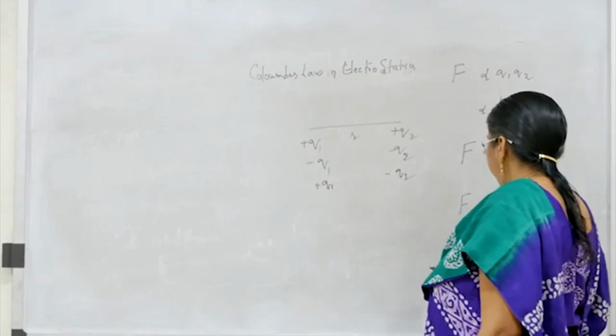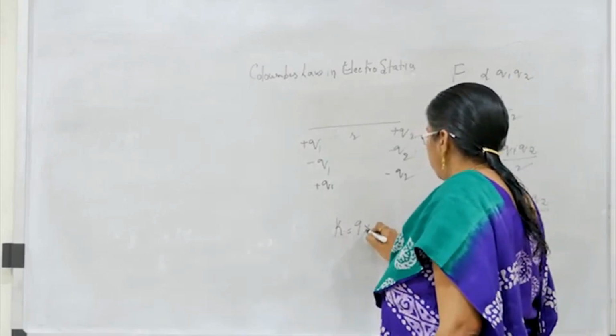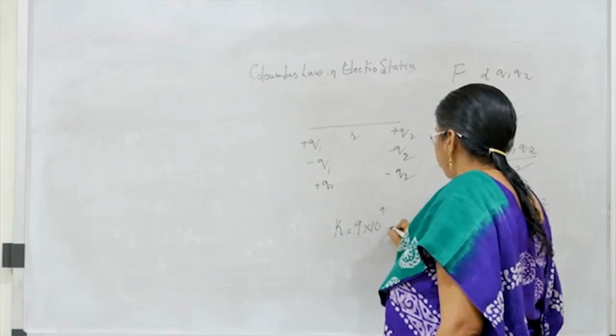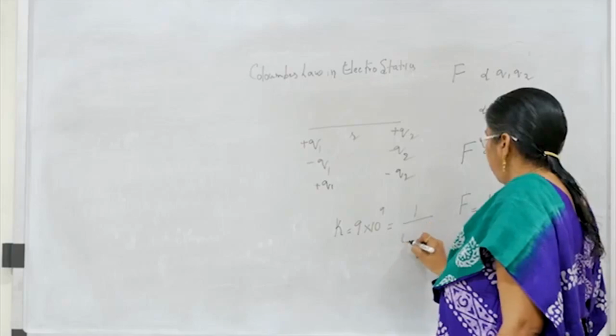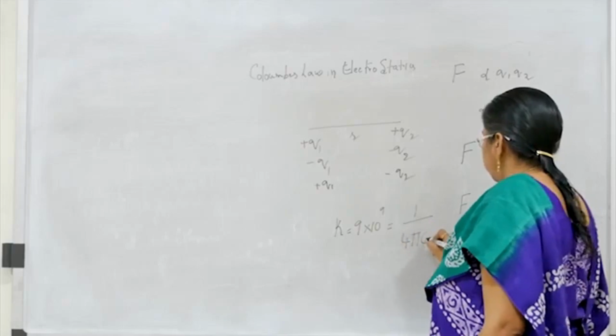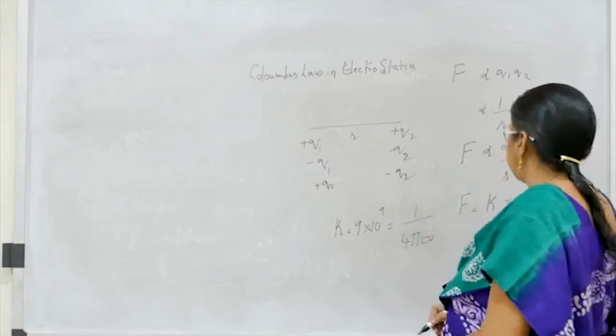So the value of k is approximately 9 into 10 power 9, and this value is given by 1 by 4 pi epsilon 0, where epsilon 0 is known as permittivity of free space.